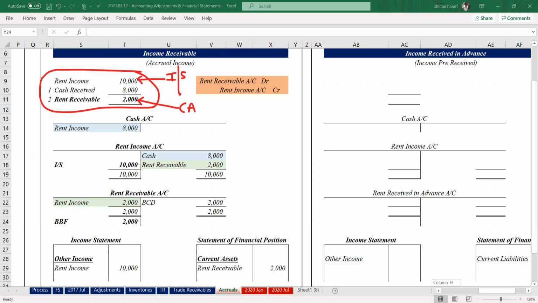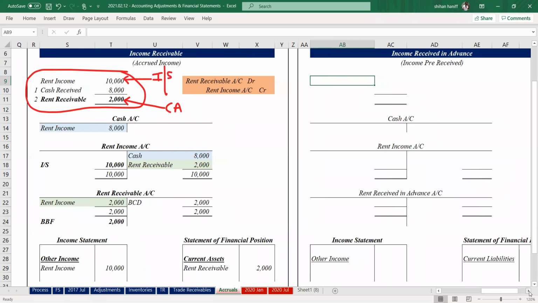Now let's take advance. Rent received in advance. So the next example I'm going to take is on rent received in advance. Income pre-received, income received in advance. Now the rent income is 10,000.